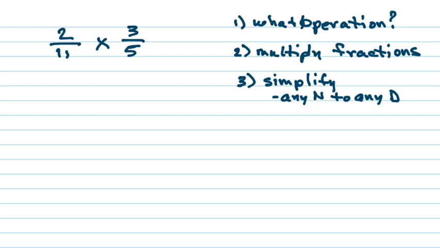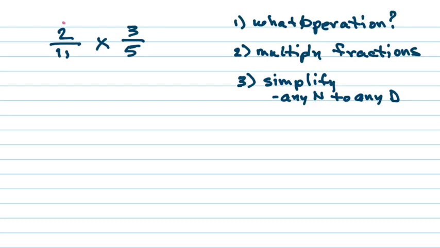So, let me walk you through how that looks. So the first numerator is a what? 2. Here's our first denominator, 11. Is there anything that'll divide evenly into 2 and 11 at the same time? No. What's our second denominator? 5. Is there anything that'll divide into 2 and 5 at the same time? No. Well, that tells me that the 2 doesn't have any common factors in the bottom, so we won't worry about it.